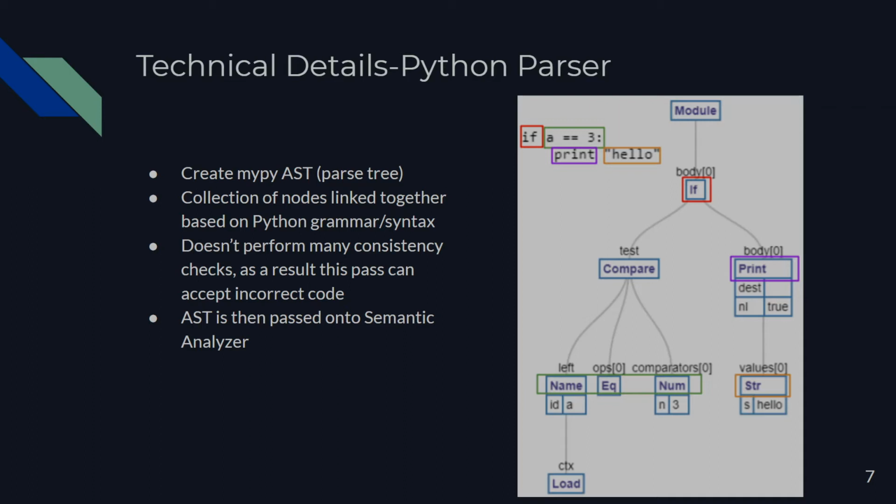And this is just a collection of nodes linked together based on Python syntax. At this step, there aren't many consistency checks performed, so obviously incorrect code could get through this pass. And then this AST is passed on to the semantic analyzer.